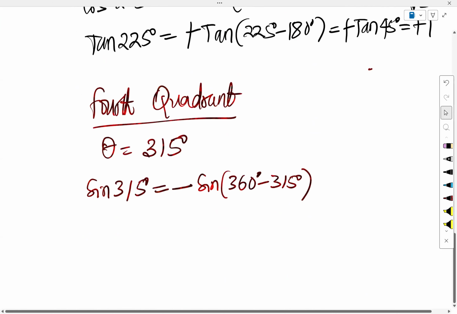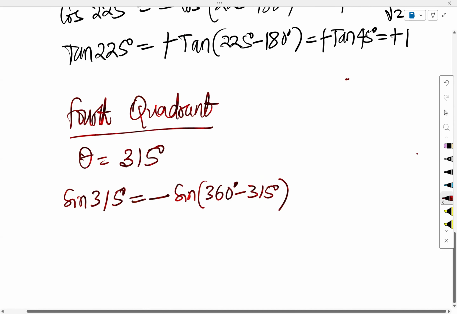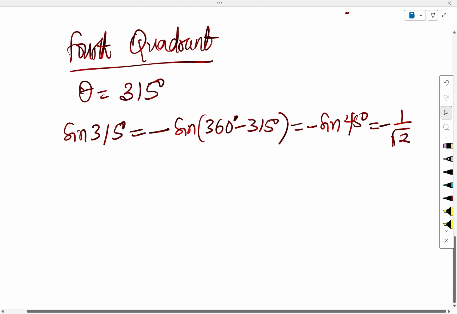Since it's sine 315, and only cosine is positive, sine 315 is minus sine 45 degrees. So it means that sine 315 degrees in the fourth quadrant corresponds to 45 degrees. So this is simply minus 1 over root 2 or minus 0.7071.